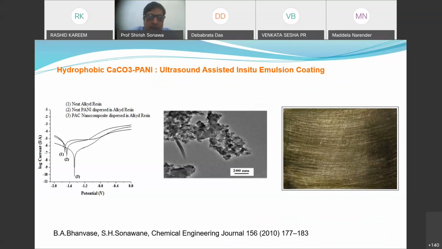On the left-hand side, you can see this Tafel plot, and these are the coating applications which have been carried out for the anti-corrosion agent. Because of this polyaniline, you will have conductivity also, and in that resin, you can add this emulsion into alkyd resin to make the overall coating.